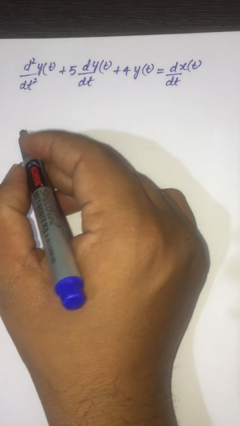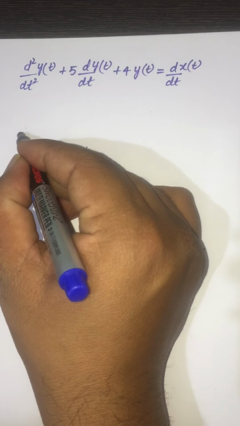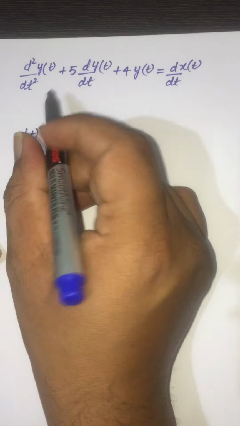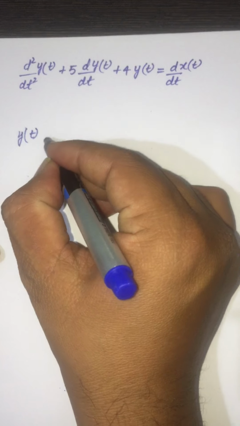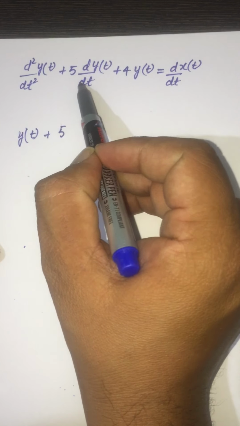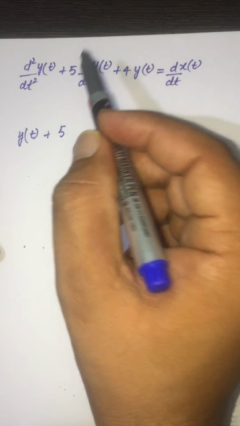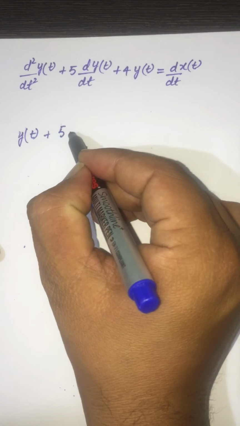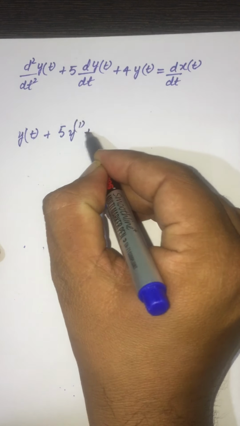After integrating it twice, I'll be getting y of t, because two differential elements will get cancelled with integration twice. Therefore, y of t will be left behind, plus 5 into y1 of t, since one integration removes one differential element and integrating once more gives y1 of t.